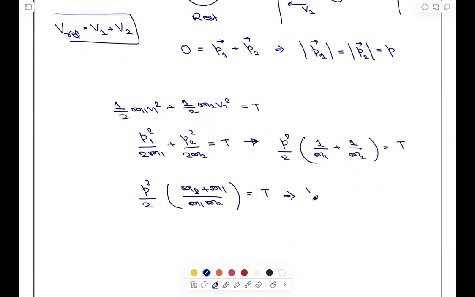It is m. So p will be the square root of 2T m1 m2 divided by m.